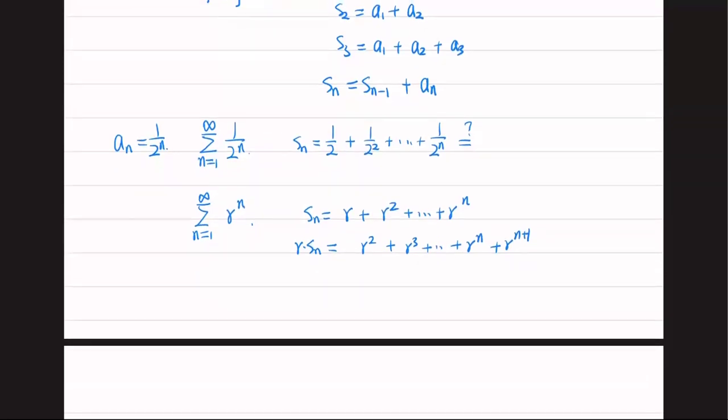Then we find the difference, so the difference is (1 minus r) times the partial sum. All the intermediate terms cancel with each other. Only the first and the last term survive.